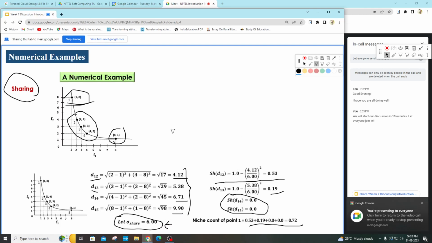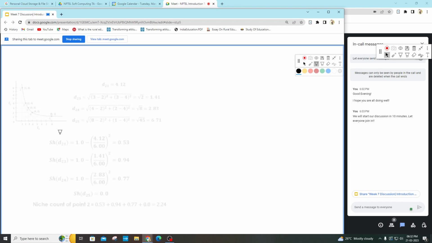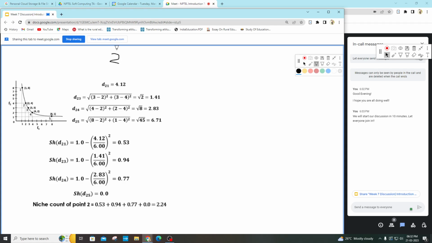We will be doing similar for all the points. We have done point number 1 in this slide. Now we will do the same for point number 2: we find the Euclidean distance of the second point with respect to all other points, that is d21, d23, d24 and d25. Here you can see 6.71 is greater than 6, so the sharing function for D25 is 0.